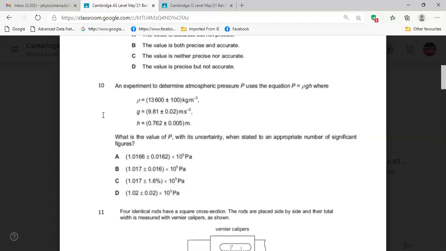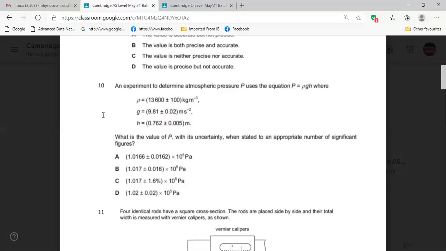So, 1 point, yes, sir. Done. So you got here P, right? Yes, sir. 1.017 times 10 to the power 5. Then you have to find the uncertainty of P, del P.